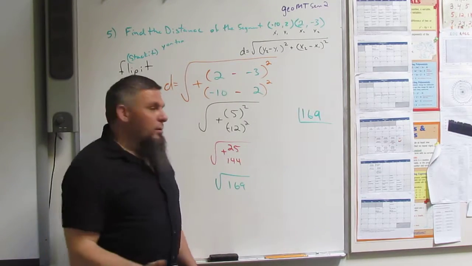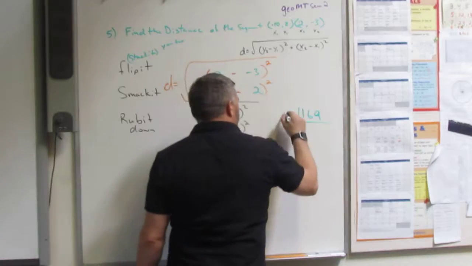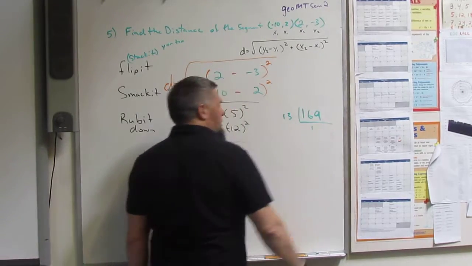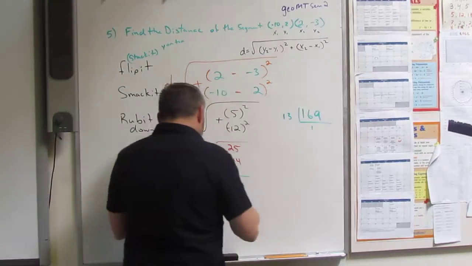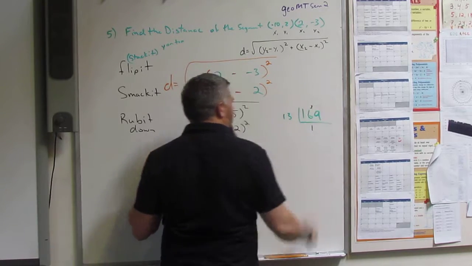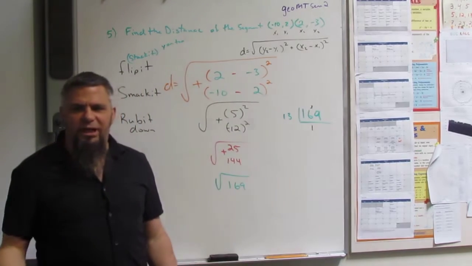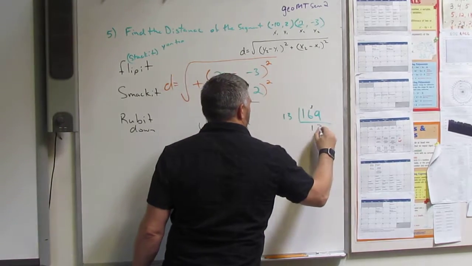13. Well, 13 goes into 16 once, right? With 3 left over. Let's think about that. Goes in there once with 3 left over. And how many times does 13 go into 39? Right. So 3 times.